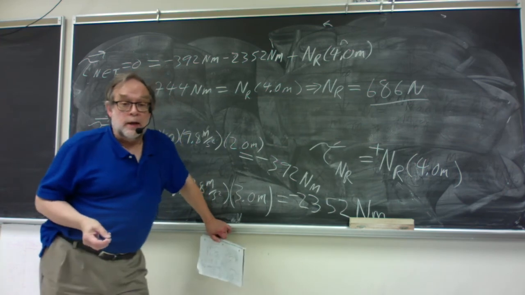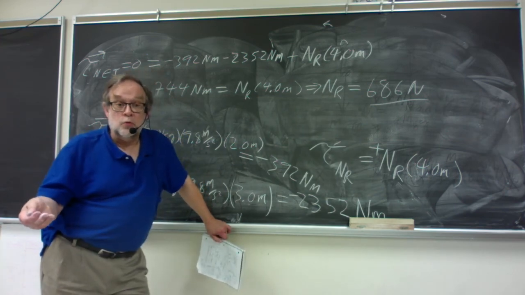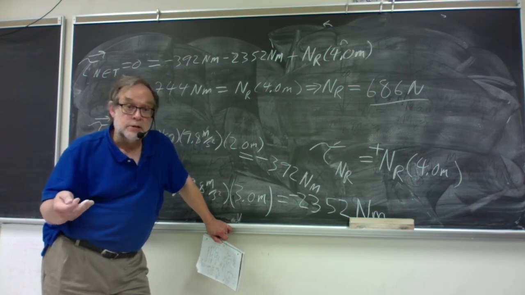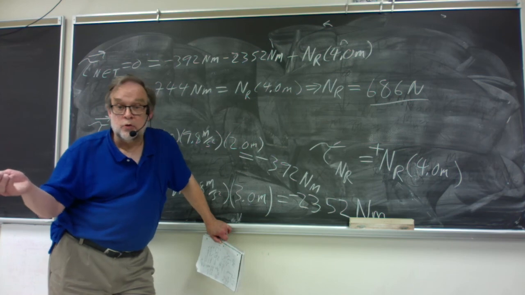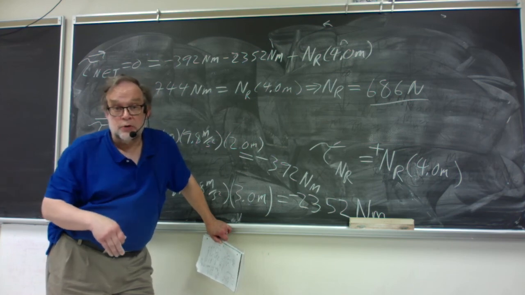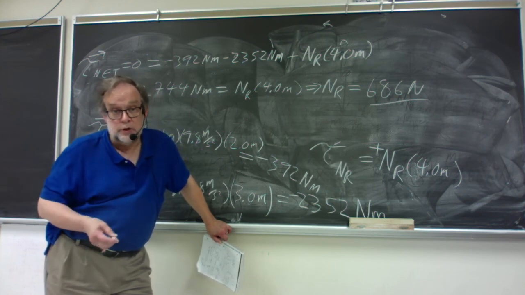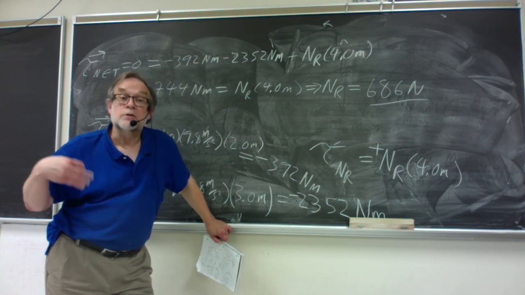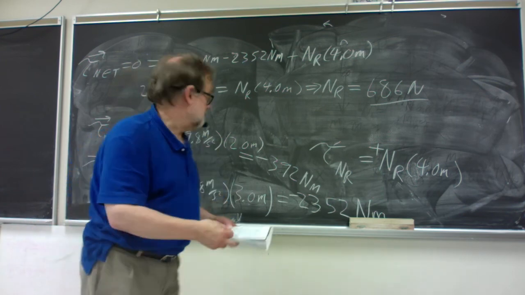And now once we know NR, we can figure out what NL is, the normal force from the support block on the left. And we can do that just by going back to an equation that we wrote down earlier. I erased it, but we wrote it down earlier. The equation that shows how forces combine to give you the net force, which will be 0.